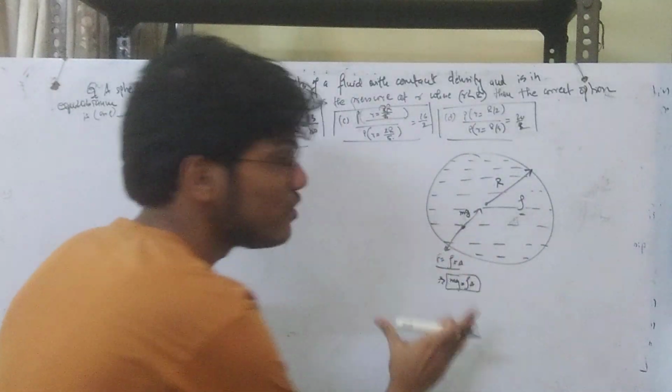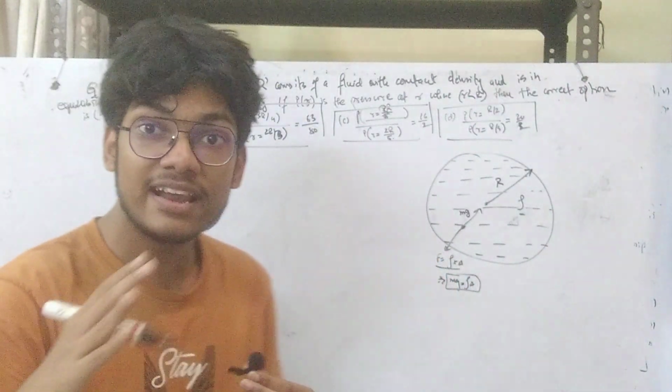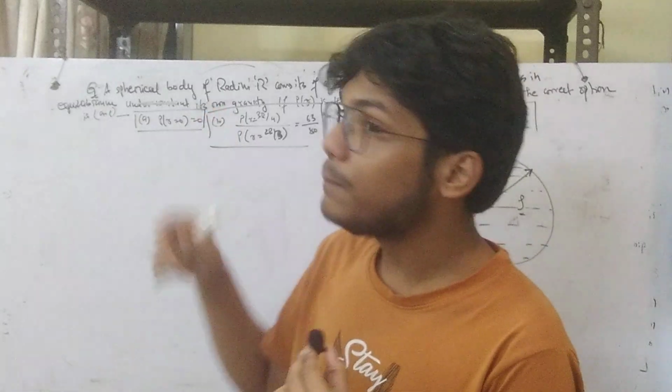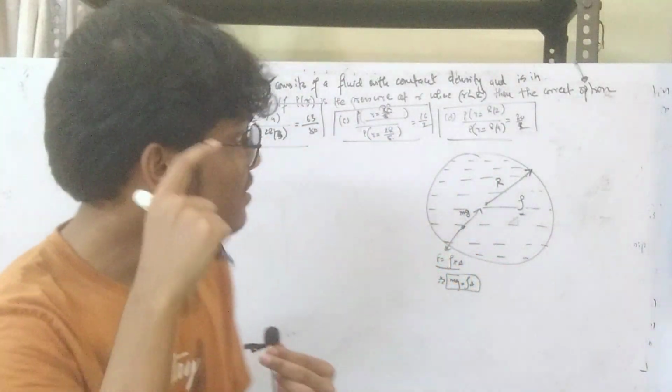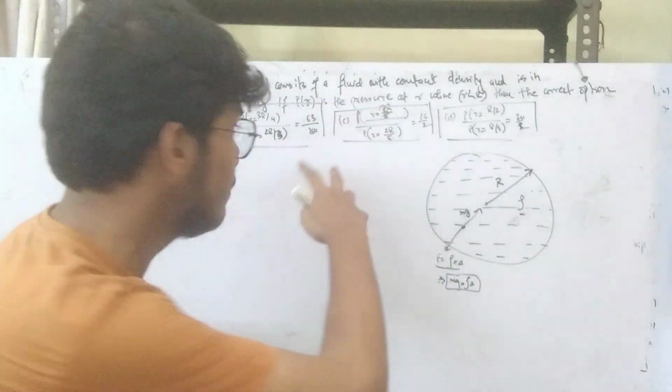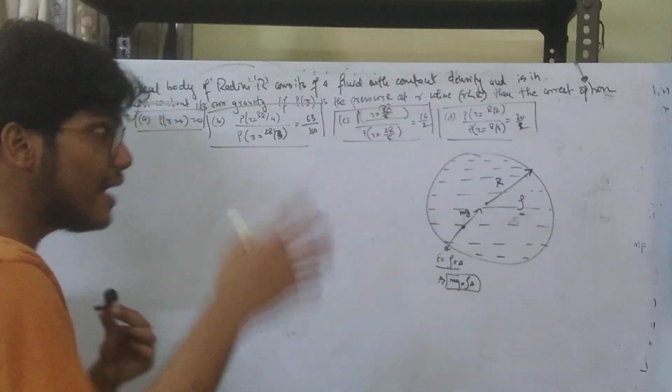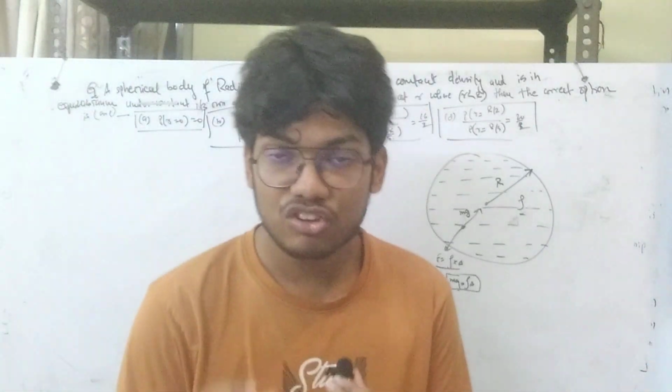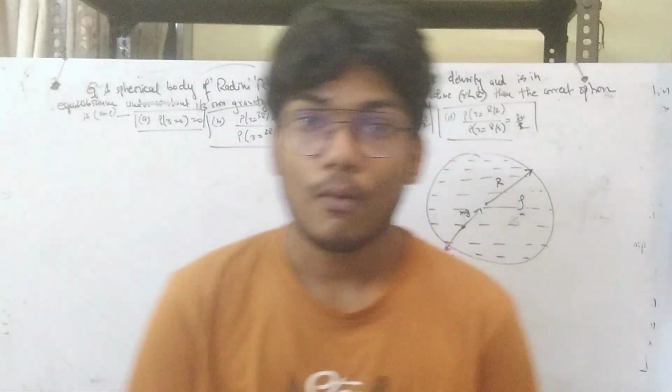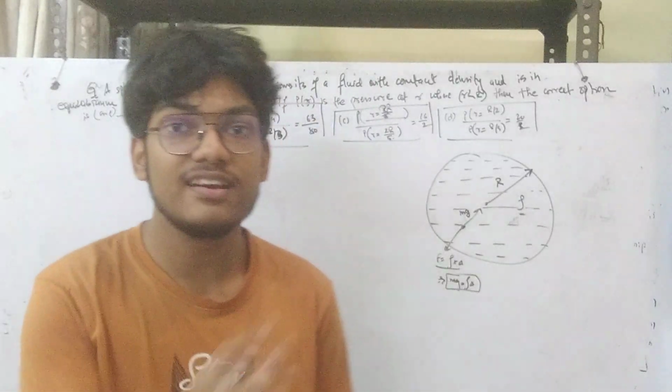By this concept, we can apply a typical concept that is actually required to solve this problem: the differential pressure concept. And moreover, this is the only equation we need in this question.